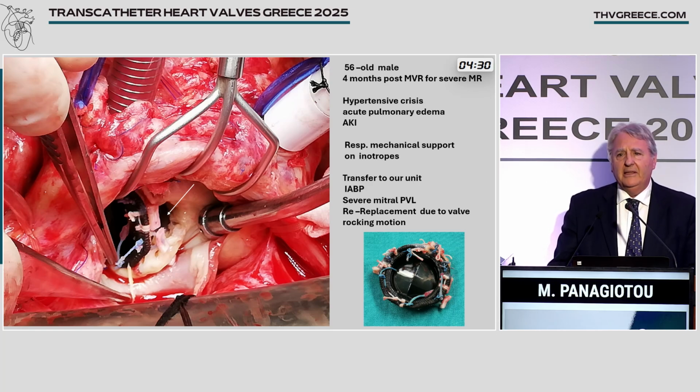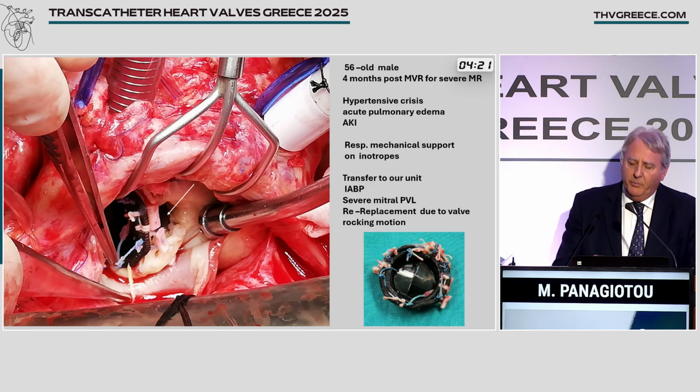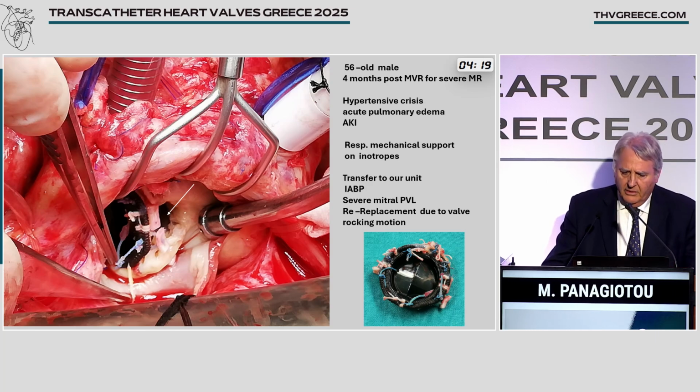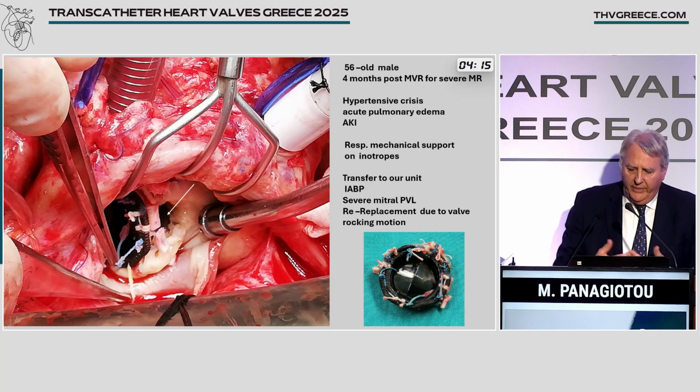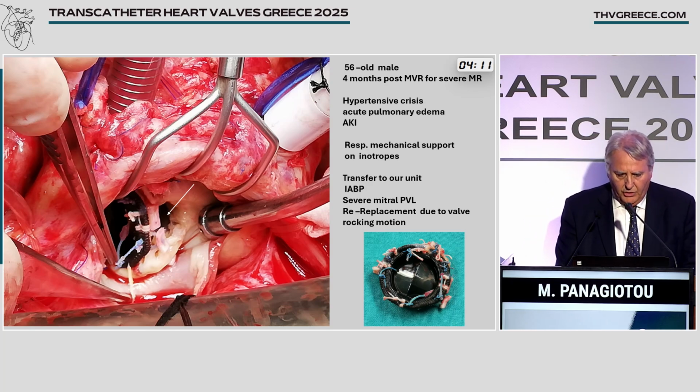He was intubated in the outpatient clinic. He was on inotropes, and he needed something to be done. He was transferred to our unit. We put him on an intra-aortic balloon. We found a severe mitral PVL, so we replaced the mitral valve due to valve rocking motion, as you can see.